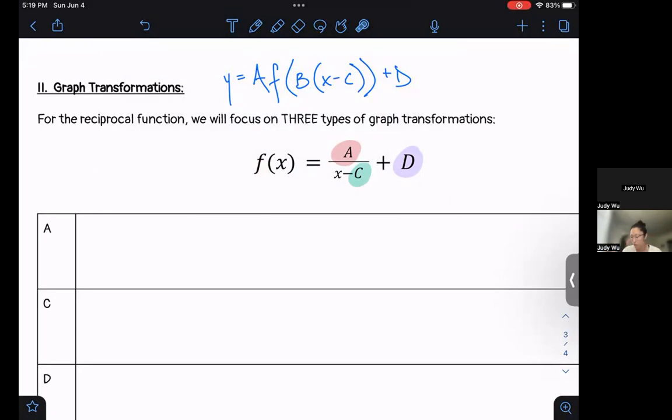So we're going to focus more on shifting things left and right as well as up and down.